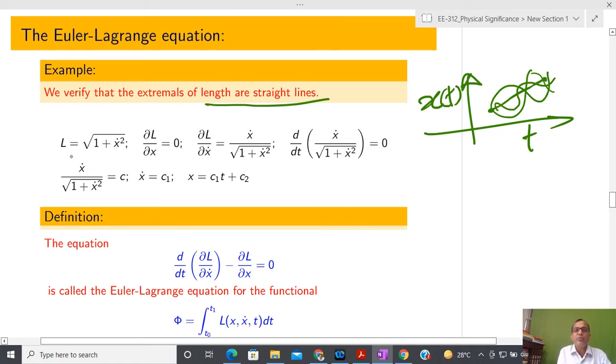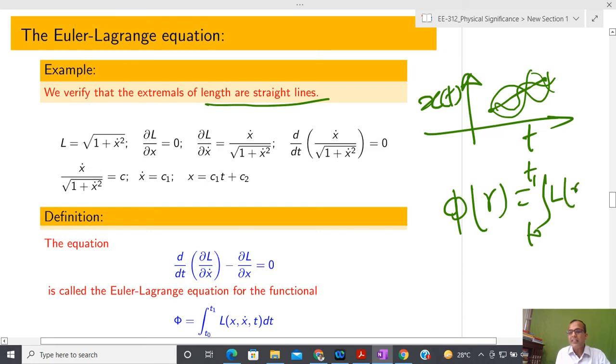Again, you can write the functional as the integral from t0 to t1 of L, which is a function of x dot and t, dt. In case of this curve, we found that L is nothing but the square root of 1 plus x dot square.